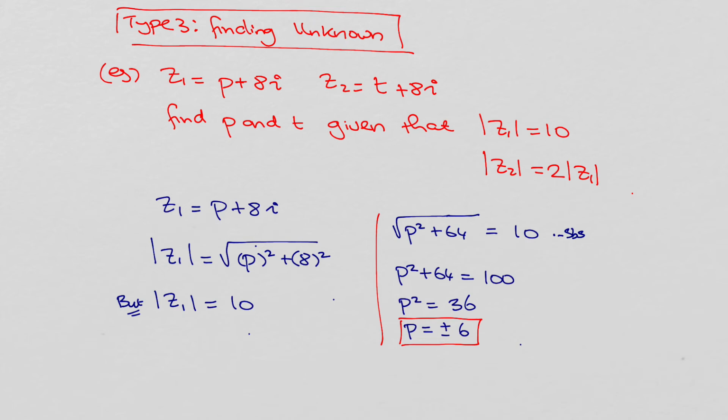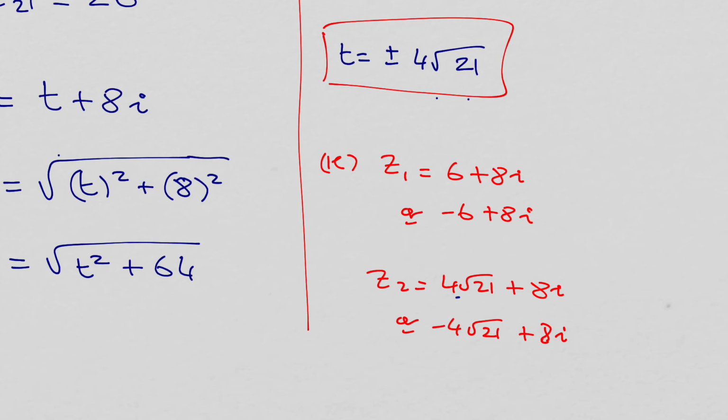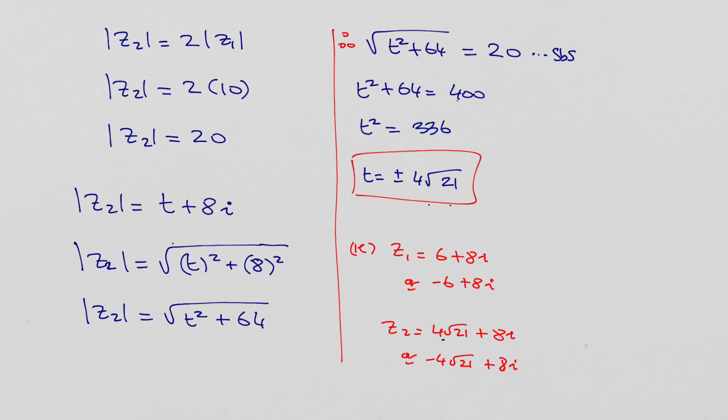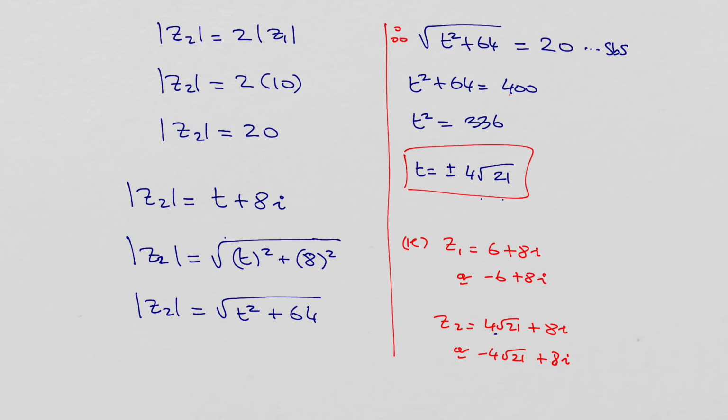So I'm now going to use that information to find t, because I know that the modulus of Z2 is twice the modulus of Z1. So I know that the modulus of Z1 is 10, so that means the modulus of Z2 is twice 10. In other words, the length of the complex number Z2 is 20.